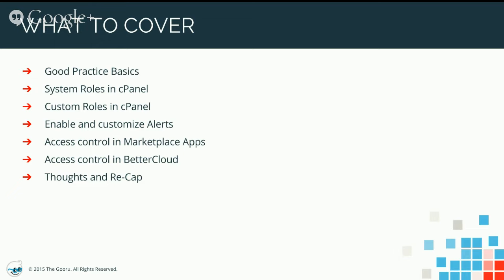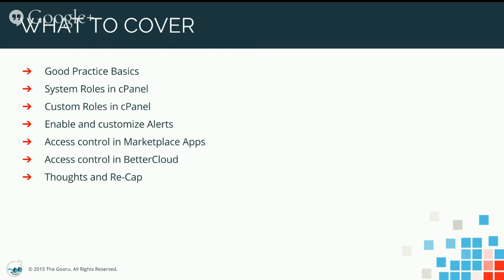So here's just a quick agenda of what I plan to cover in the next 30-odd minutes. We're going to go through some good practice basics, system roles in cPanel. I'm quite old school and I'm used to calling it cPanel. I believe now Google have renamed it to an admin panel or the admin control.